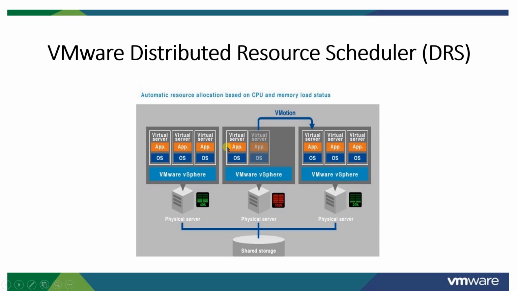Before DRS, let's understand the scenario that you have an infrastructure running over here and all of a sudden this particular ESXi host running, the utilization goes high. So we have seen in vMotion, what is happening?